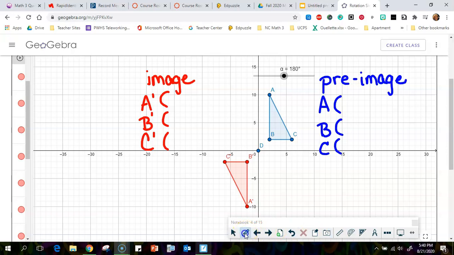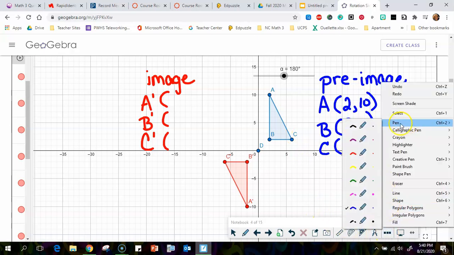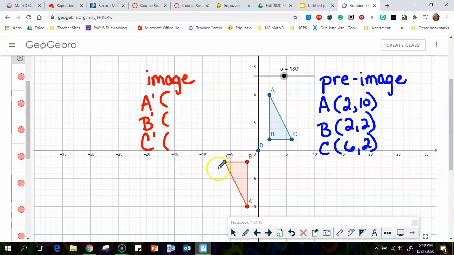Okay, so I've moved it another quarter turn, and this is a 180-degree counterclockwise or positive rotation. So let's look at the pre-image again, and I erased everything by mistake. The pre-image again is A at 2, 10, B is 2, 2, and C is 6, 2. All right, so for the image, A prime is at negative 2, negative 10.